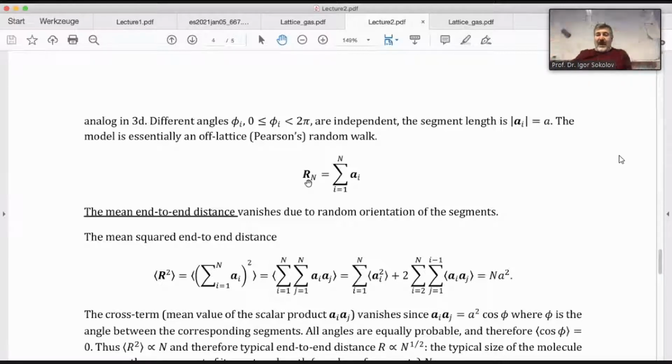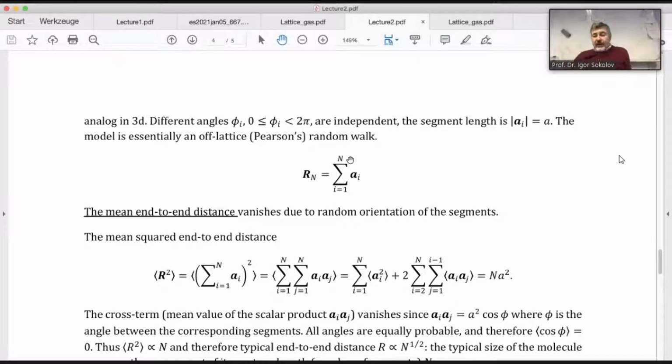He simply said a man makes a stretch of L yards, then changes his mind and makes another stretch of L yards in whatever other direction. So this is the definition. Nobody spoke about the drunk man. So this is a step, and the direction of a step is taken at random. And then you sum up n such steps.